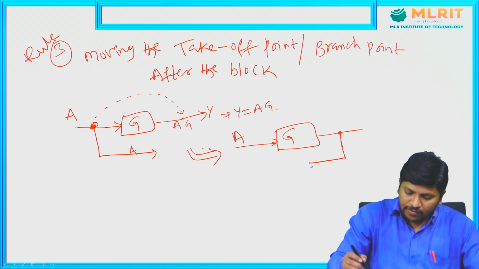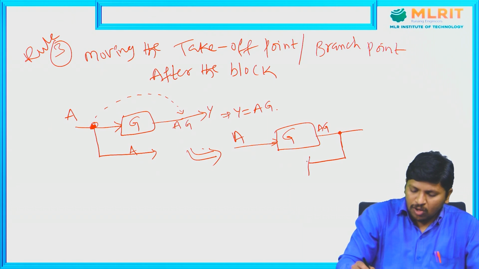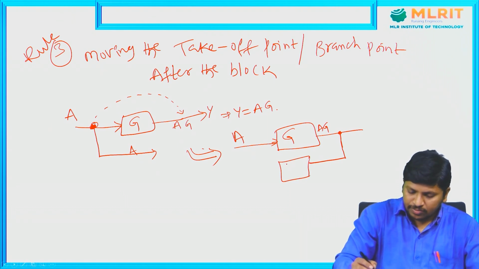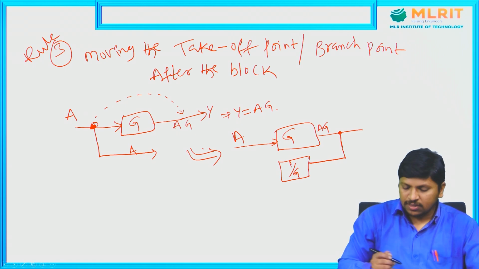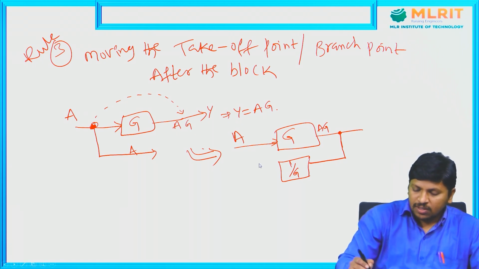So what is the value here? Here the output is AG, and in the block is 1 by G, and here A is the same input signal, with 1 by G.